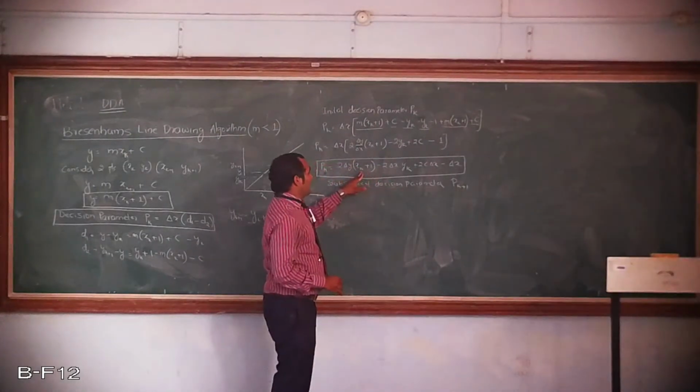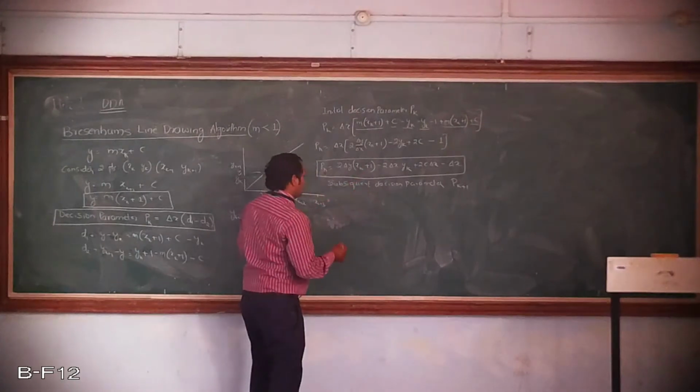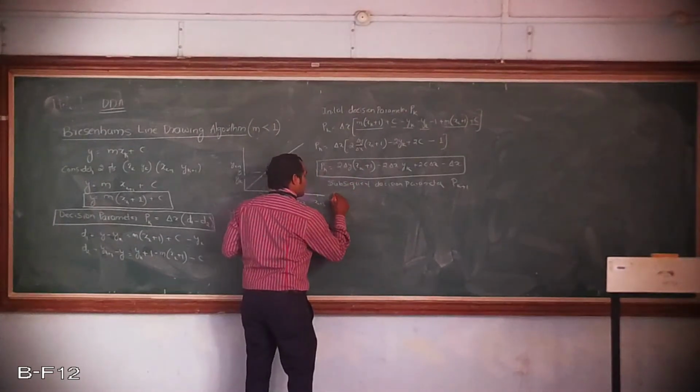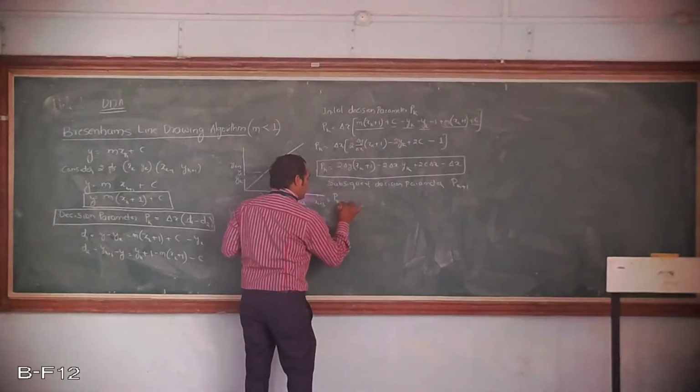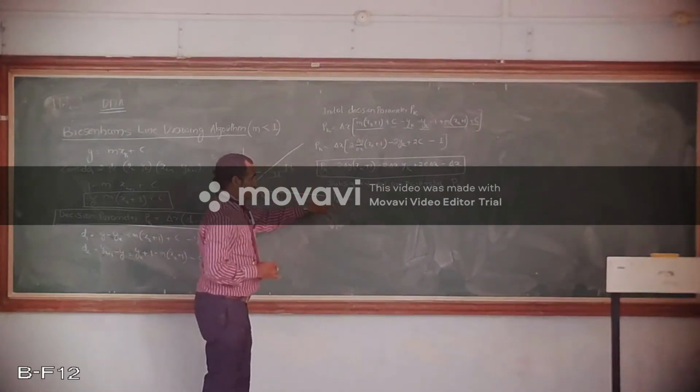In this formula, the subscript k should be changed to k plus 1. So the subsequent decision parameter is equal to pk plus 1. This k is changed to k plus 1.